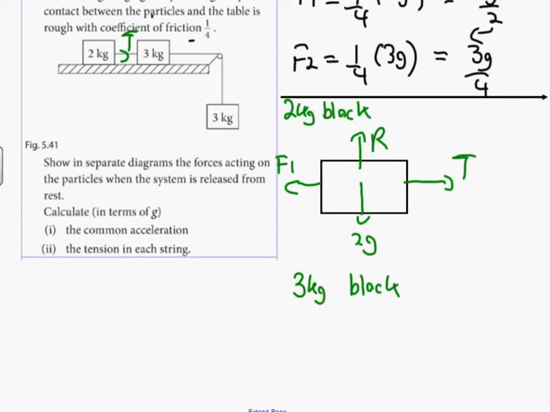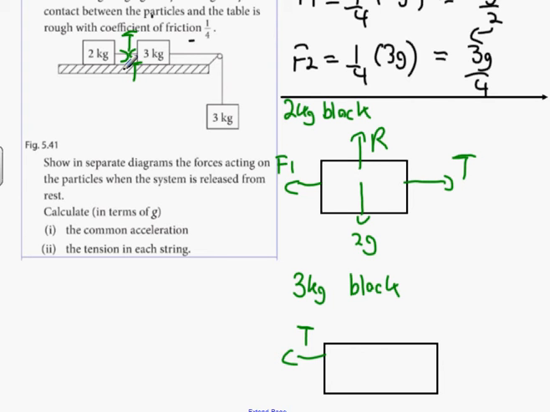Then you have the 3 kilogram block. The difference between the 3 kilogram block and the 2 kilogram block is that the 3 kilogram block has 2 tensions attached to it. According to the 3 kilogram block, T is working in the opposite direction, because when you're pulling something behind you, it pulls in the opposite direction. So your tension is pulling you to the left. It's called connected particles for a reason: the 3 kilogram block and the 2 kilogram block are connected by tension, nothing else.